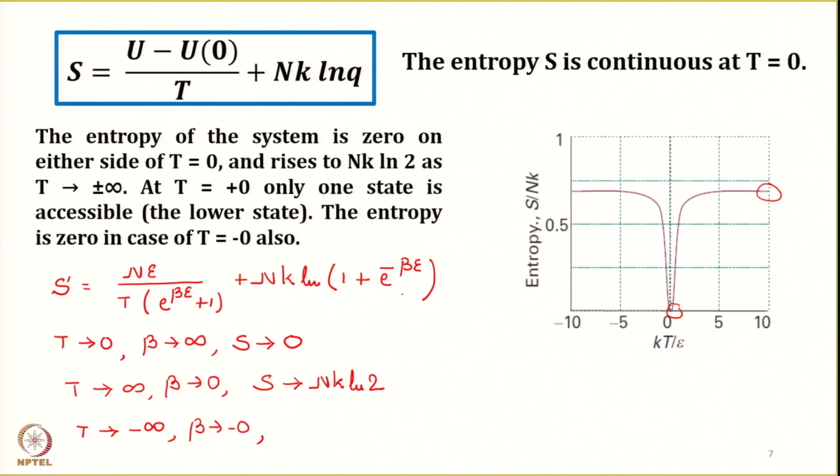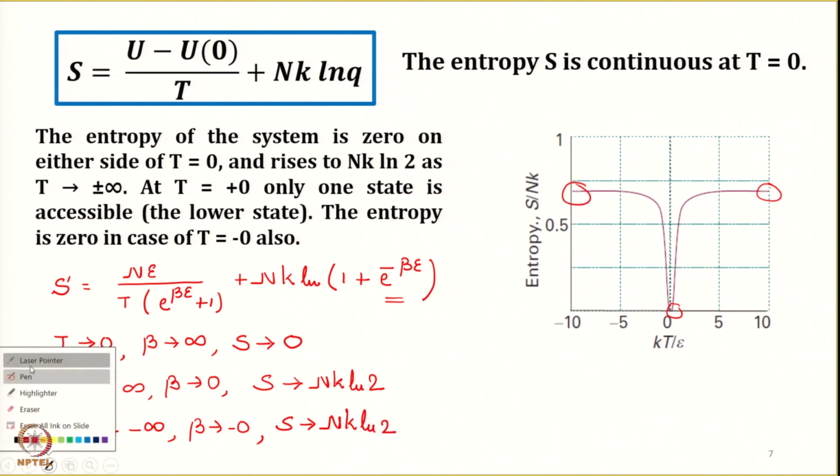So therefore, when you put beta is minus 0, exponential 0, and here what you have, S will approach nk log 2, and that's what you observe over here. Therefore, the entropy of the system is 0 on either side of T equal to 0 and rises to nk log 2 as T approaches plus minus infinity.